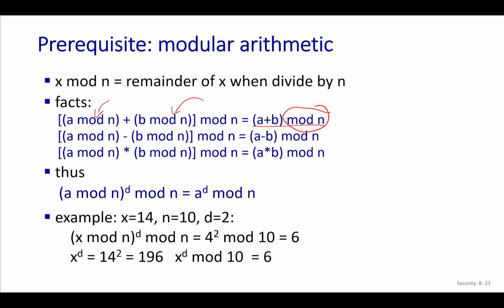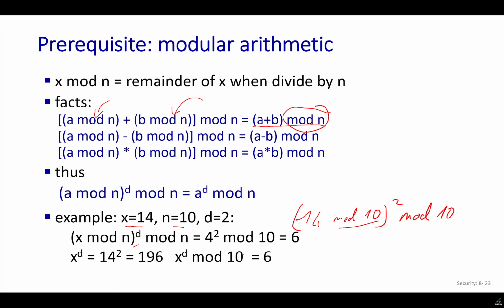So here an example, x mod n to the power of 2. That would be 14 mod 10 to the power of 2 equals, then again mod n, mod 10. So you can put it everywhere.